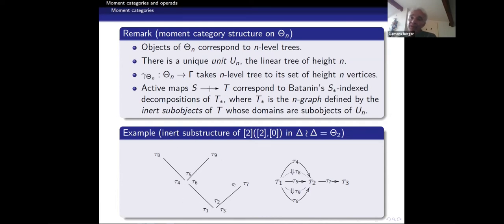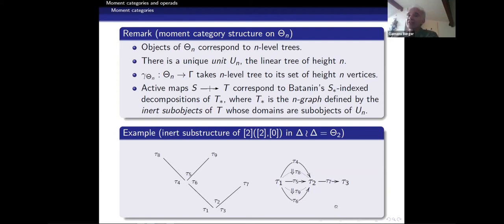So if you now picture this 2-graph, you get this on the right, which is called a 2-globular pasting diagram. And you see you have 3 0-cells, you have these 4 1-cells, and you have 2 2-cells.